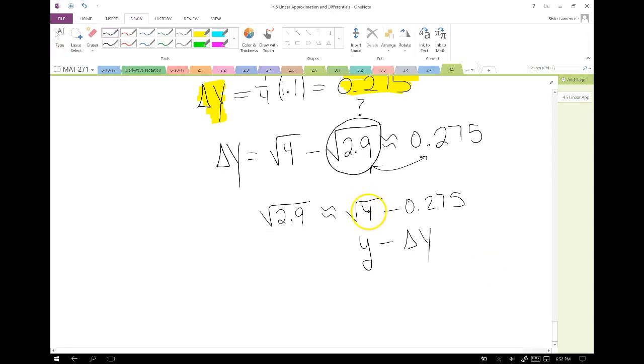Well, square root of 4 is 2. 2 minus 0.275 is 1.725. And is that what we got earlier?